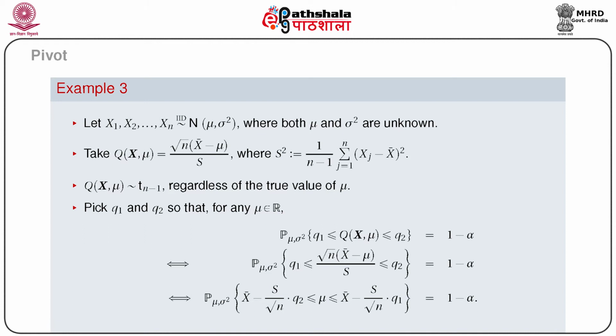So it is possible to find two quantities, small q1 and small q2, such that the probability under mu, sigma of q1 less than or equal to root n (X bar minus mu) divided by S less than or equal to q2 is equal to 1 minus alpha.